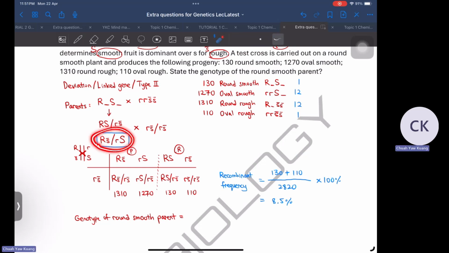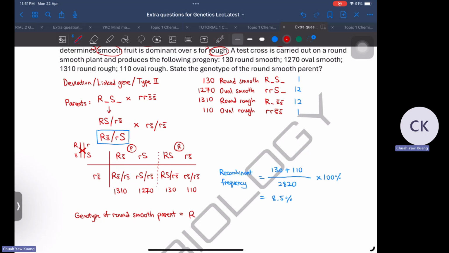This should be the genotype: big R small s slash small r big S. We write it like this because in linked gene inheritance, it is more specific to write like this. Since they are asking for the genotype, we give the specific genotype. Okay, so that is all for this question number 12.